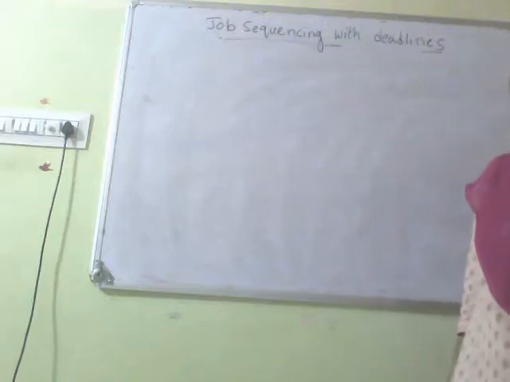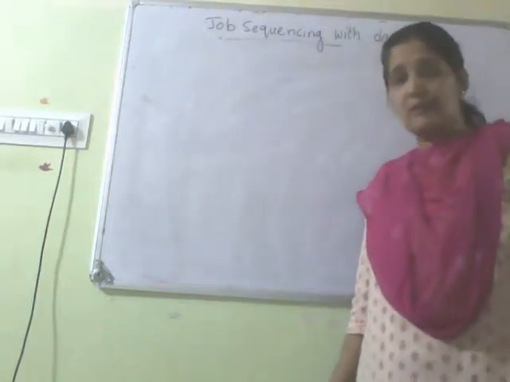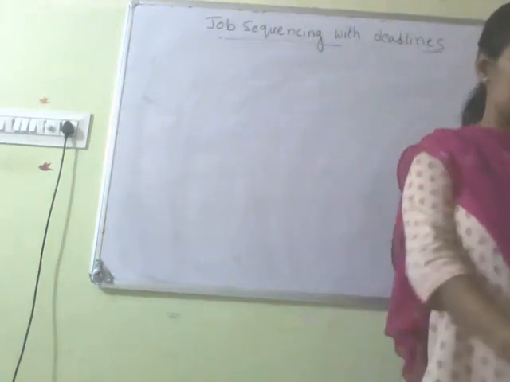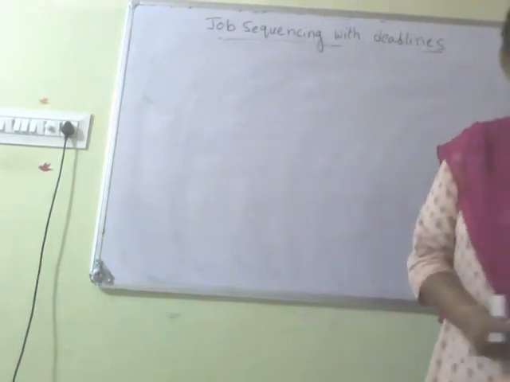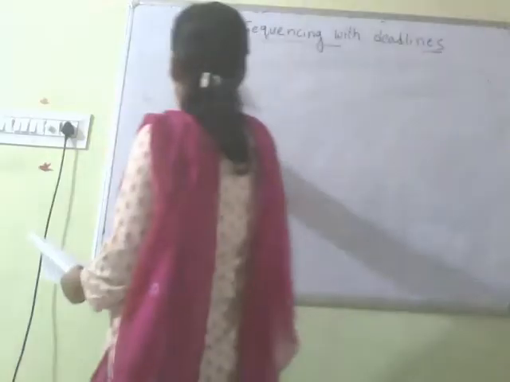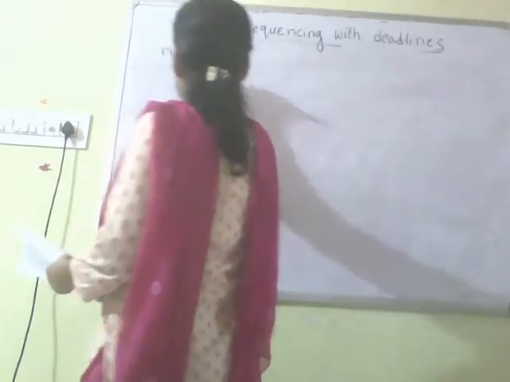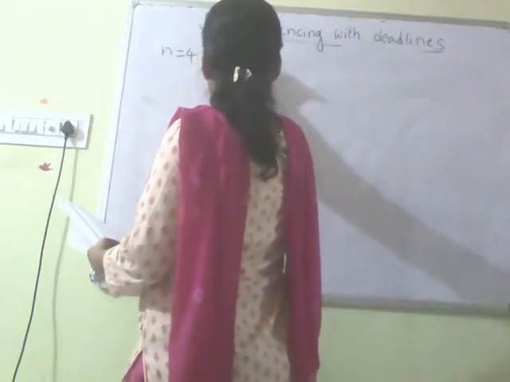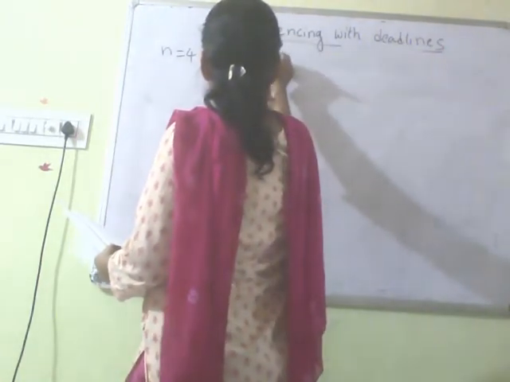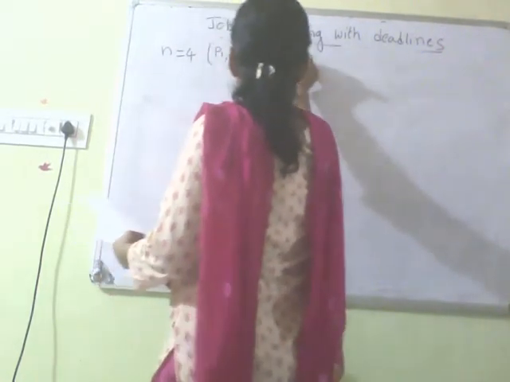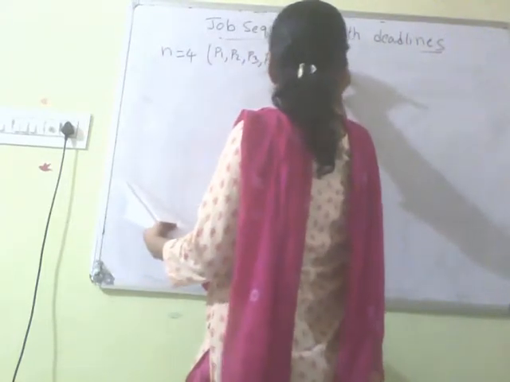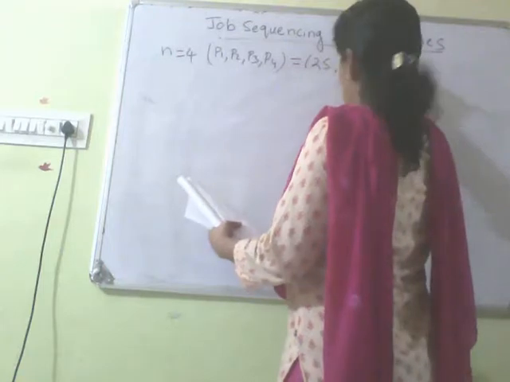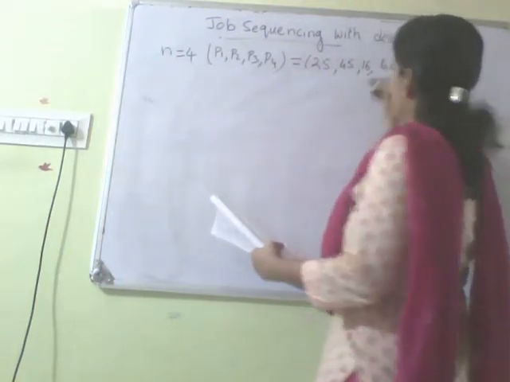All of you take the heading. We will start this with an example, then it will be clear for you. So take the example, n equal to 4, P1, P2, P3, P4 equal to 25, 45, 16, 60.